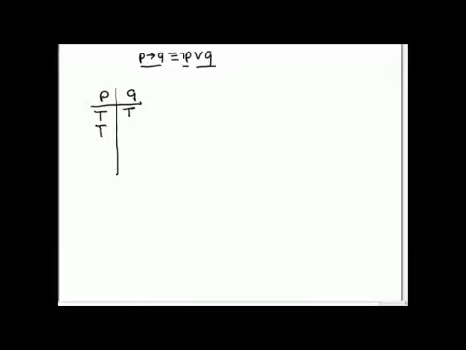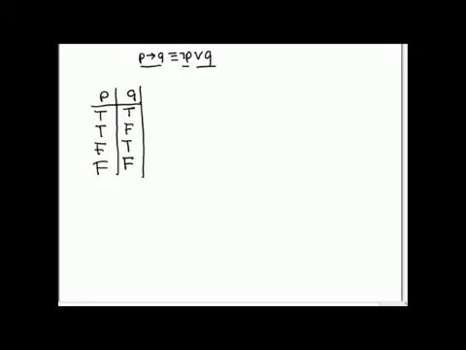Then if P is true again, we'll have Q as false, because we have to use all the combinations. Then P false with Q true and Q false. So that way we use all the combinations: true true, true false, false true, false false.